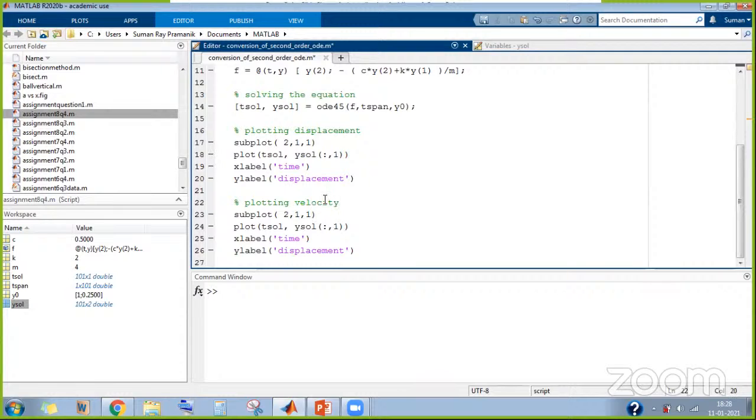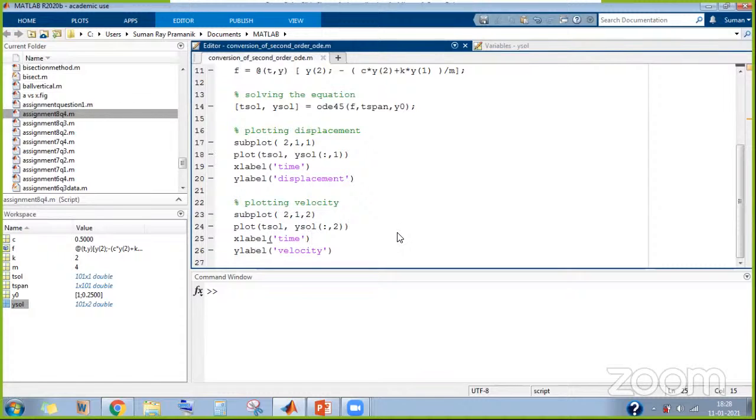Because this will be my second plot, I'll have to change the 1 to 2 here, and I need the velocity to plot, so I'll change from column 1 to 2. The X label is fine, it's still time, but the Y label will be velocity. Okay, so we're good so far.